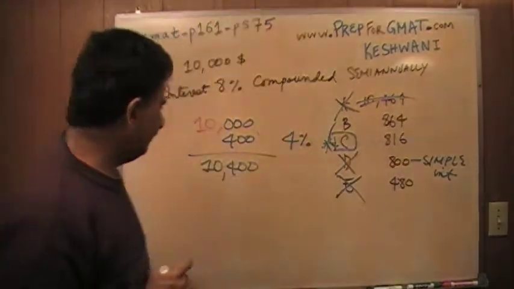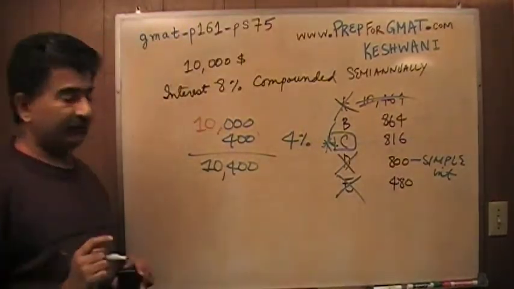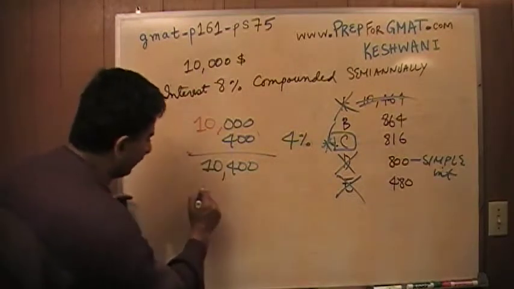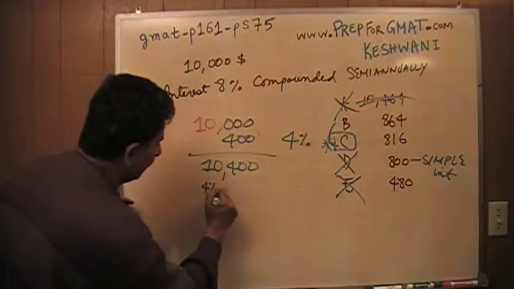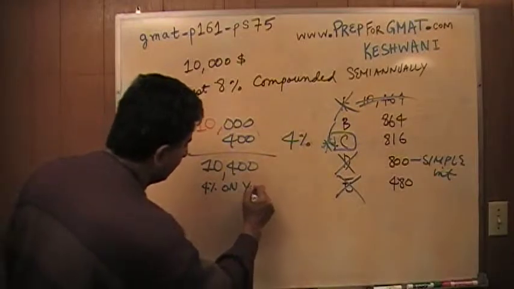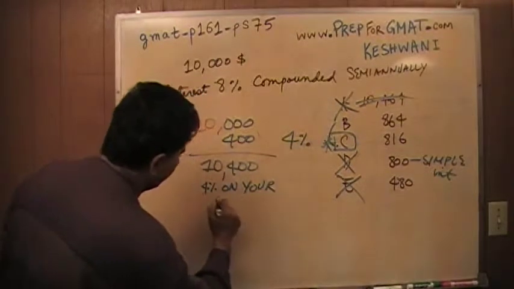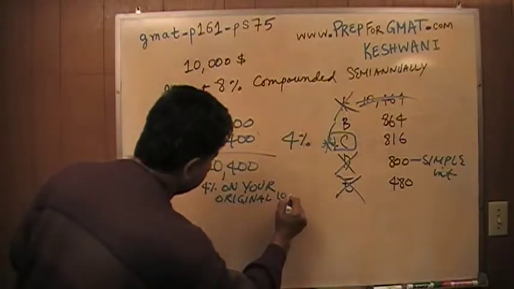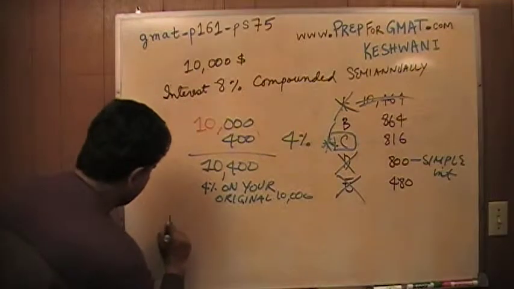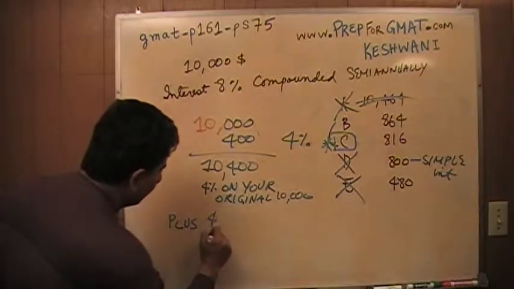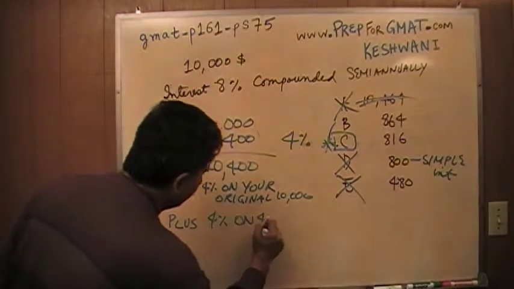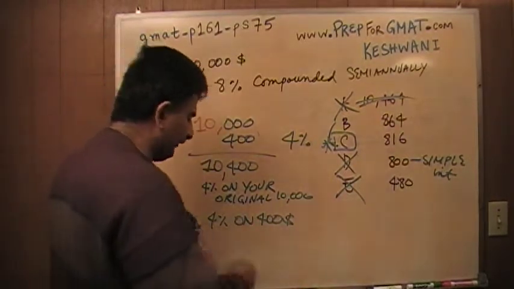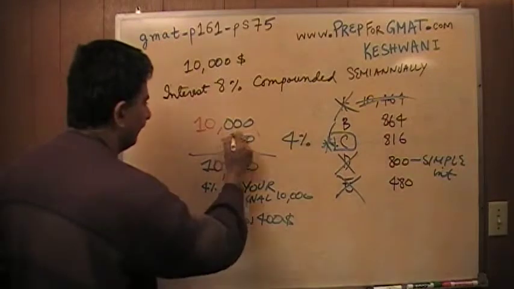Why 816? Because at the end of the next 6 months, you're going to get your regular $400, which you would have gotten on $10,000. So now you're going to get 4% on your original 10,000, plus 4% on the $400 interest that you earned at the end of 6 months right here.